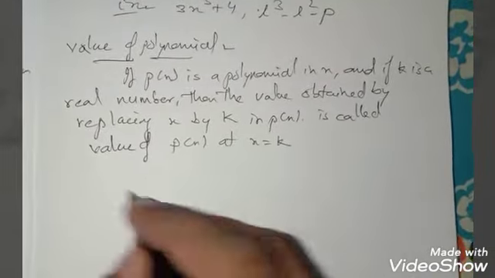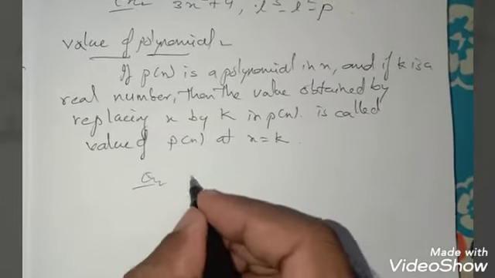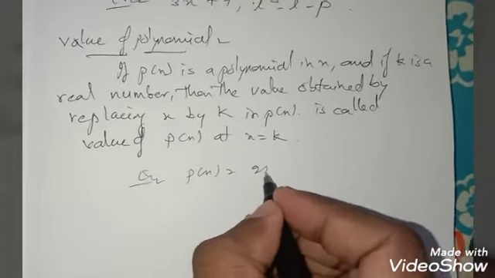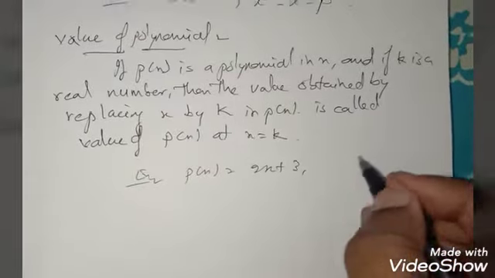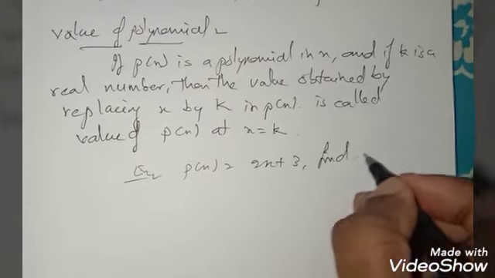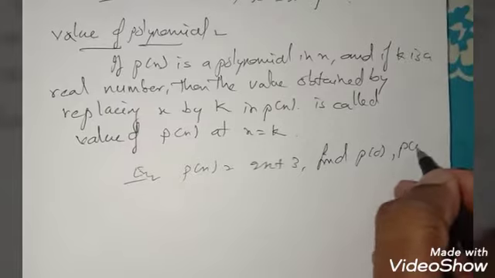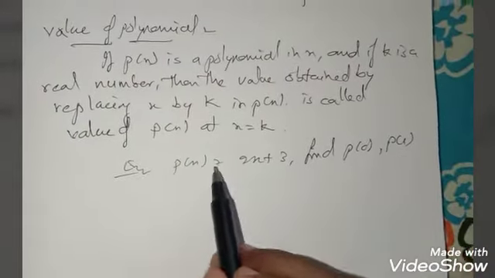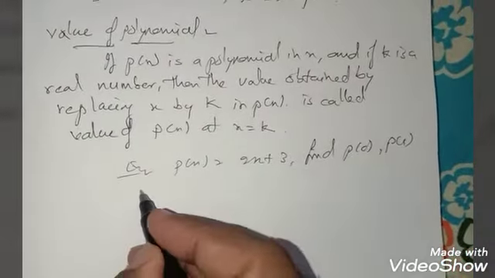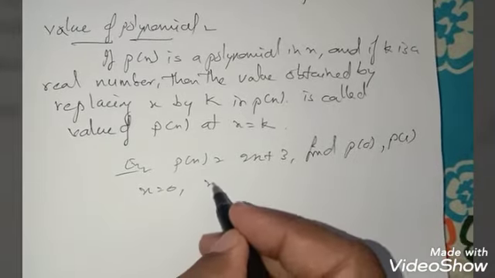For example, if your question is given as p of x is equal to 2x plus 3, now you have to find the value of p of 0 and p of 1, right? Here in the place of x, they have given x is equal to 0 and x is equal to 1.